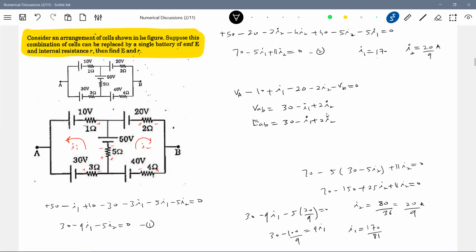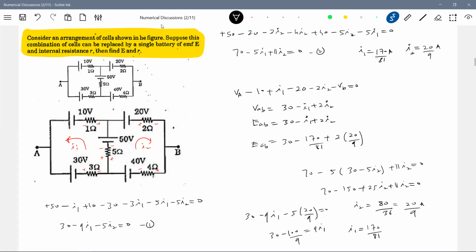Both are positive. These values I'm going to substitute, plus 2 into 20 by 9. I'll get the EMF.